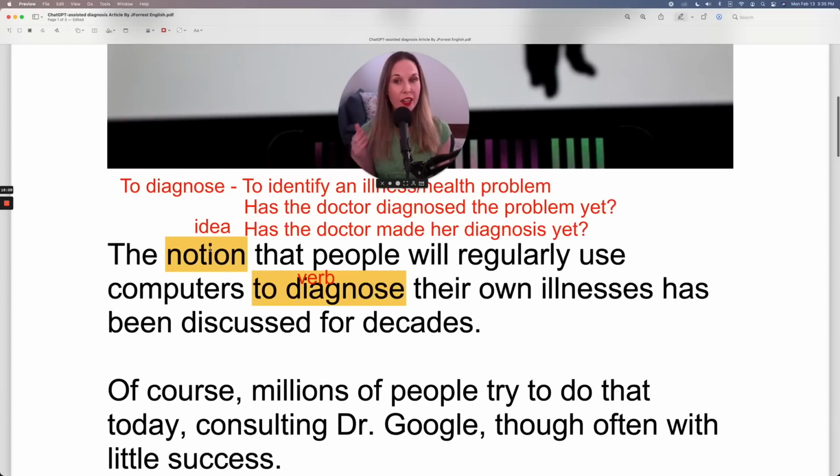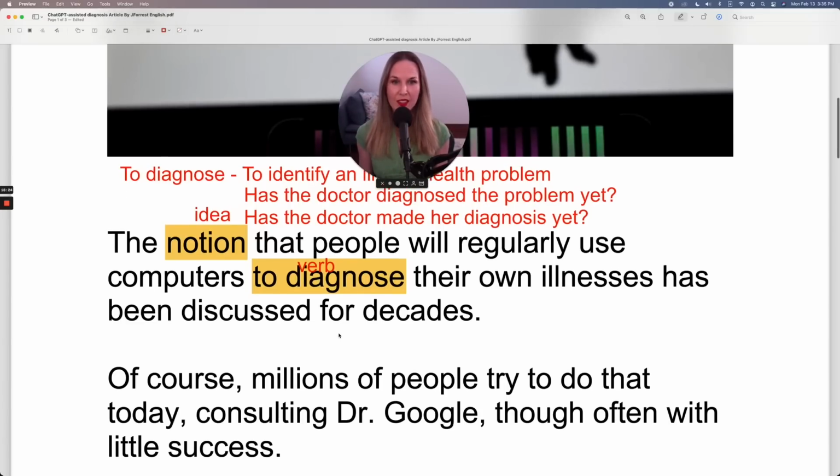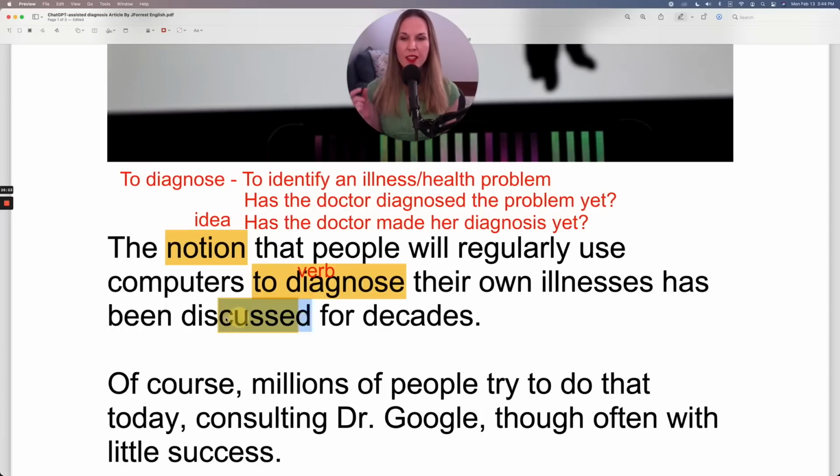So the idea, the notion that people will regularly use computers to diagnose, to identify a health problem, and in this case, illness, to diagnose their own illnesses has been discussed for decades. So here, to be discussed, discuss simply means to talk about or consider.